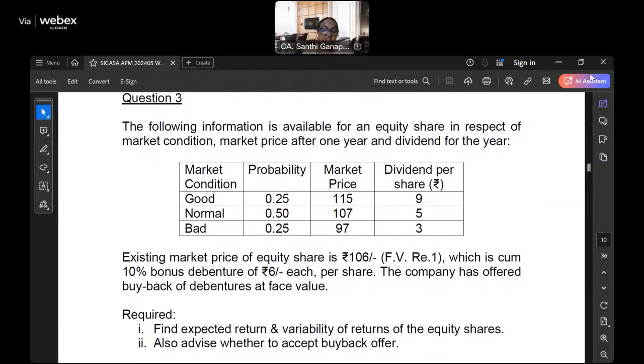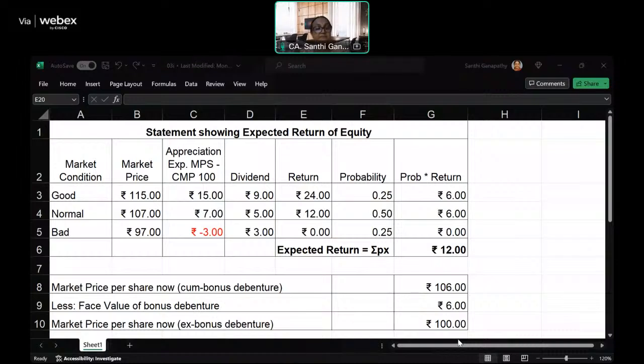As we know, the return consists of income and capital appreciation. We will consider the income. We will consider the capital appreciation. Simply find the answer. So we have market price.